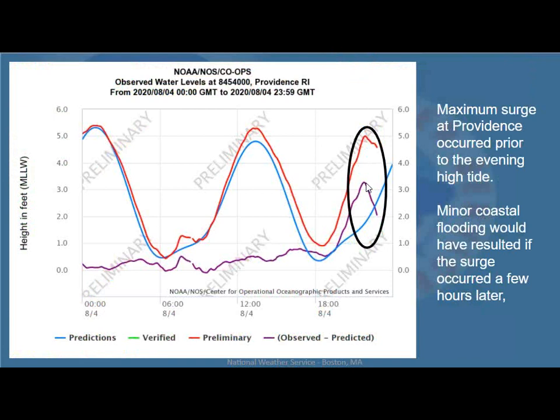But what's tricky up in our neck of the woods is that the winds have to coincide not only with the storm surge, but also with the tide. So if this occurred a little bit later, then we would have seen more flooding impacts from storm surge from the system. Because it moved in a little bit quicker, which is actually typically what these storms do, we didn't get that much storm surge from the system.